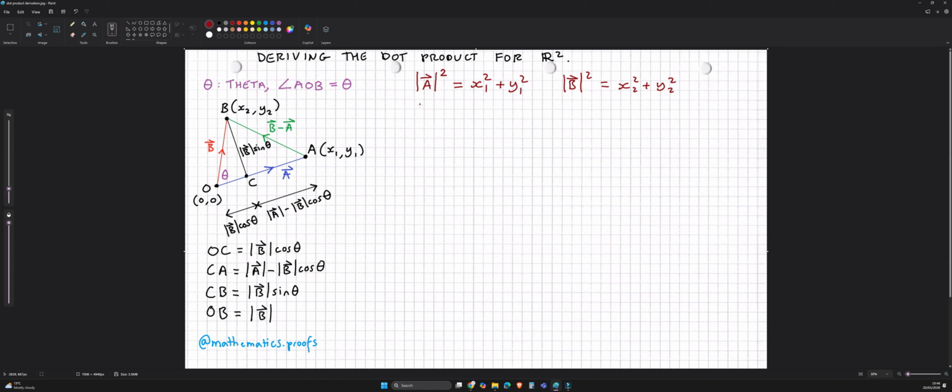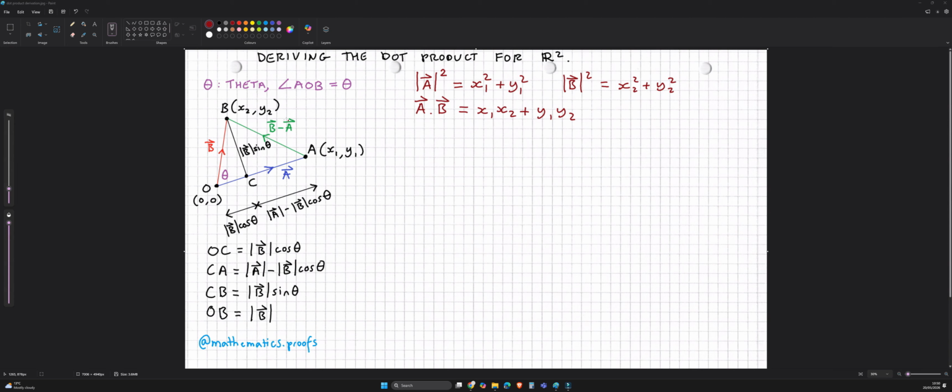Also, if we take the dot product of the vectors A and B, we get x1 x2 plus y1 y2. By the way, this isn't to say that we've derived the dot product in terms of the angle theta, which is what we're trying to do in this video.